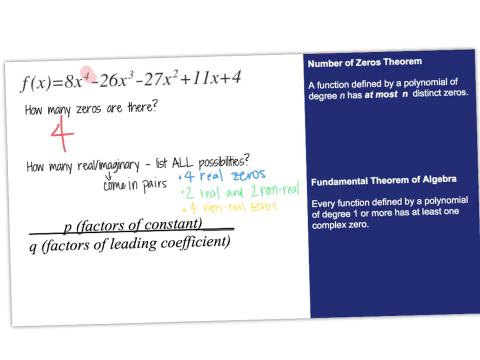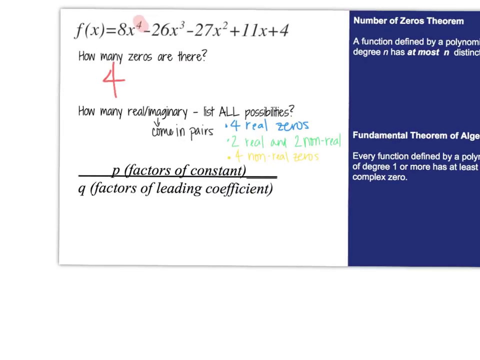So now, to actually start figuring out what my zeros are. I know what kinds they could be, reals and non-reals, and I know my options, but I don't actually know if I have any real ones. So we need to figure that out.